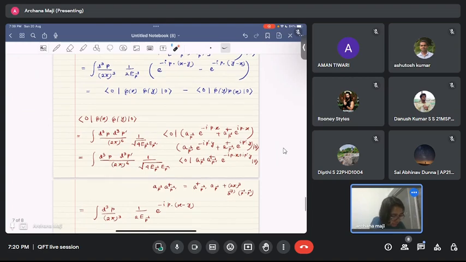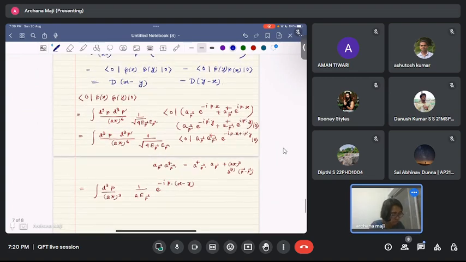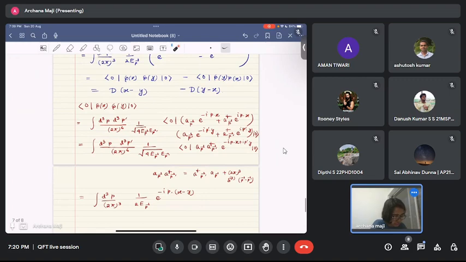Okay, and this particular term we call D of x minus y, and that is D of y minus x. Likewise, if you calculate the same thing with y on the left and x here, you will get the same thing with y replaced here and x there. So that's D of y minus x.